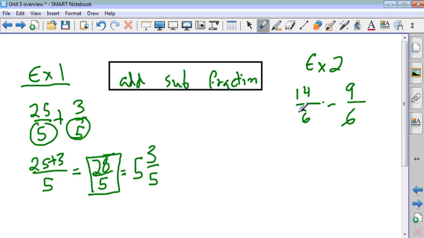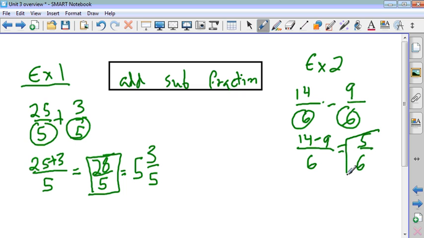So because they share the same numbers in the denominator, that's called the common denominator, I rewrite the 6. Next up, I have 14 minus 9. 14 minus 9 is going to get me 5. I rewrite the denominator, so my answer is 5 over 6.